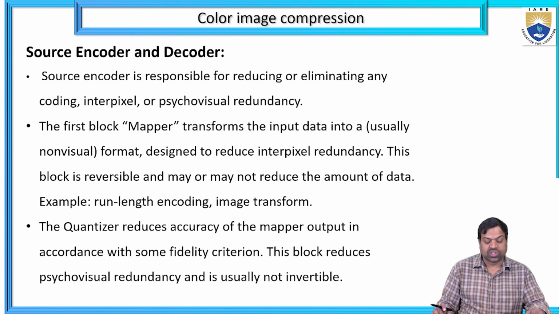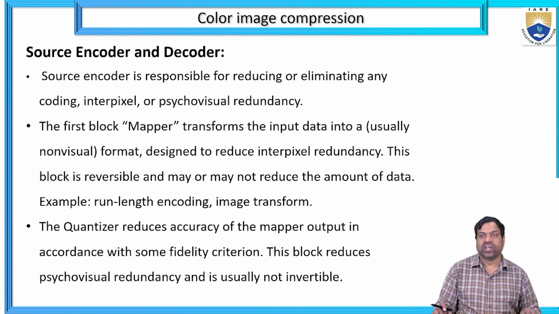So what are the source encoder and decoder? The source encoder is responsible for reducing or eliminating any coding, interpixel, or psychovisual redundancy. The first block, the mapper, transforms the input data into a usually non-visual format designed to reduce the interpixel redundancy.